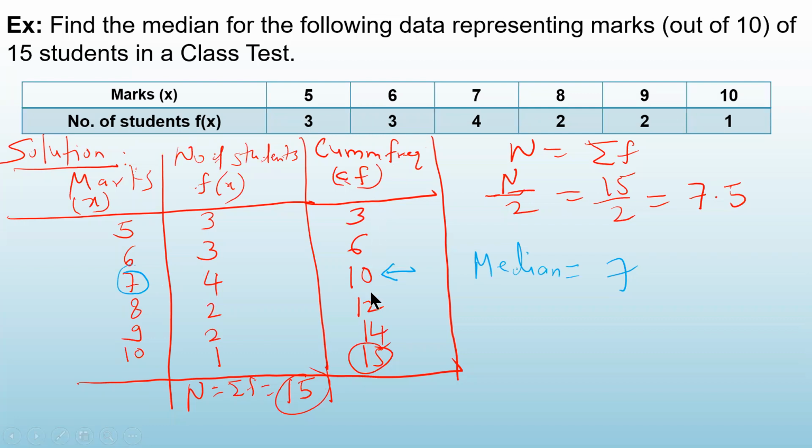Look at the cumulative frequency column where the frequency is just exceeding 7.5. So that is 10. And it is for the mark 7. So median is equal to 7. So this is how we can find the median for grouped data of discrete type. Okay. Have you understood this? Write in the chat box.